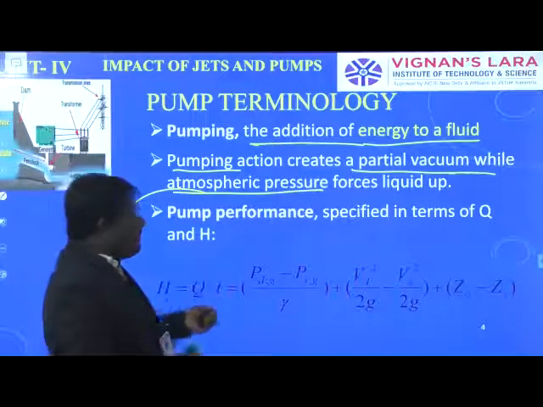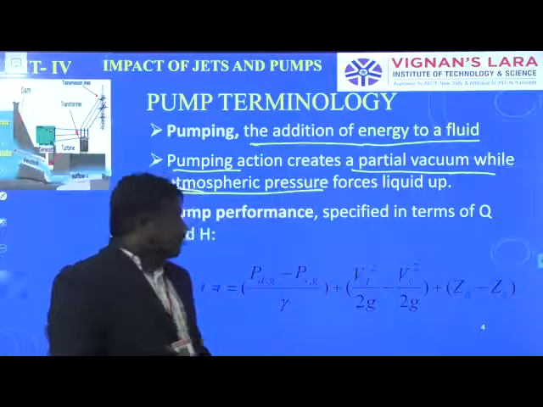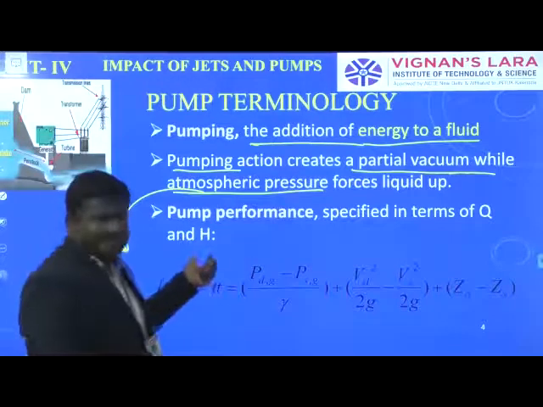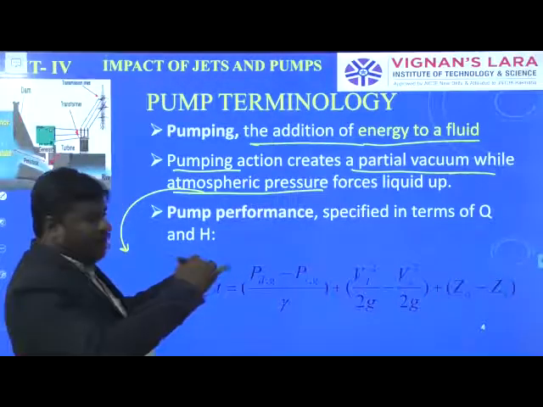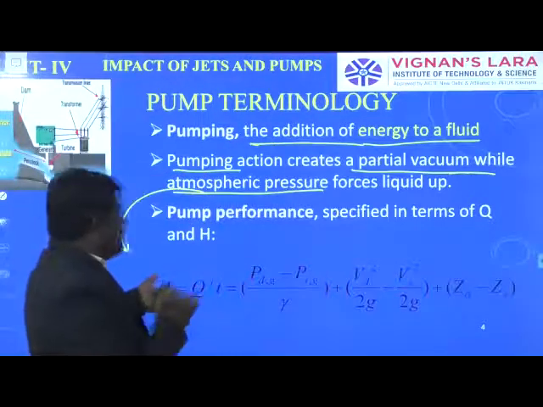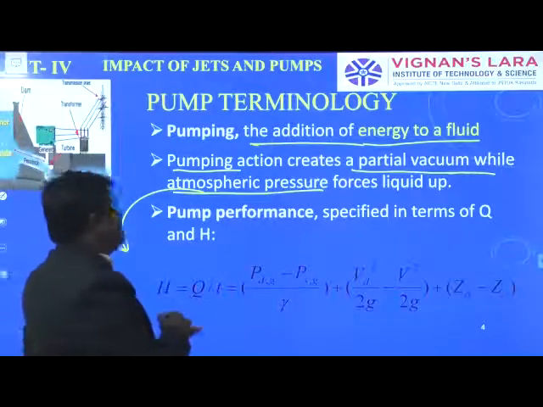The pump performance is specified in terms of Q and H. Q is the discharge and H is the head, the head of the water or levels. We are seeing that particular head or level as the pump performance.